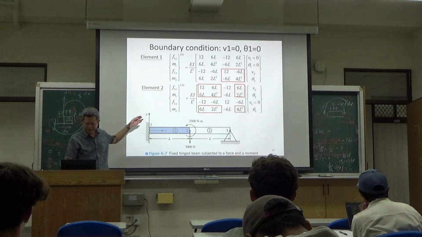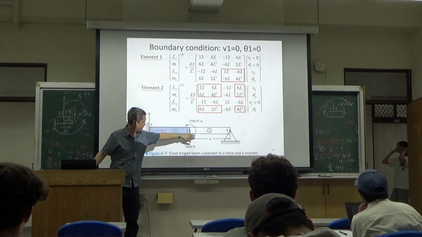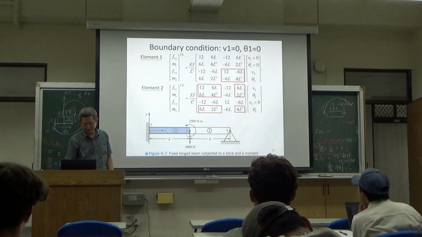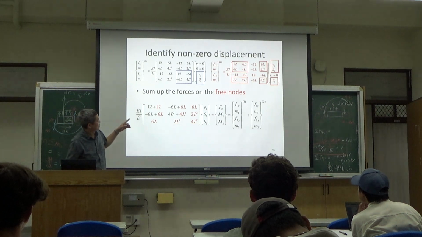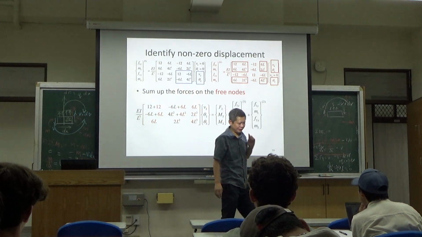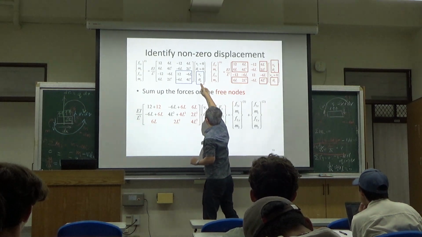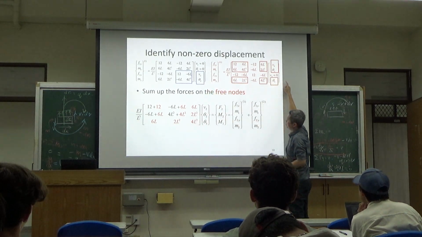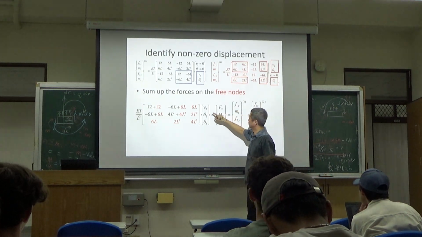You got 3 equations or 3 forces to be summed up. So in summary, for the first element, you got 2 equations. For the second element, you got 3 force equations. Let's do the summing. How to do the summing? To do the summing, you are really doing the summing of the force. Look at the variable, then look at the corresponding one, then you add up the force together.